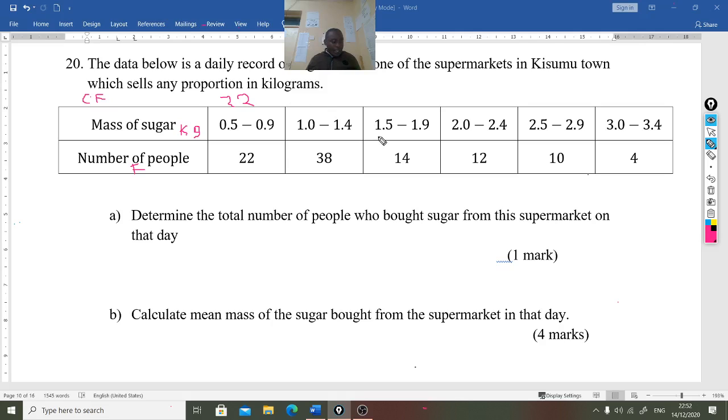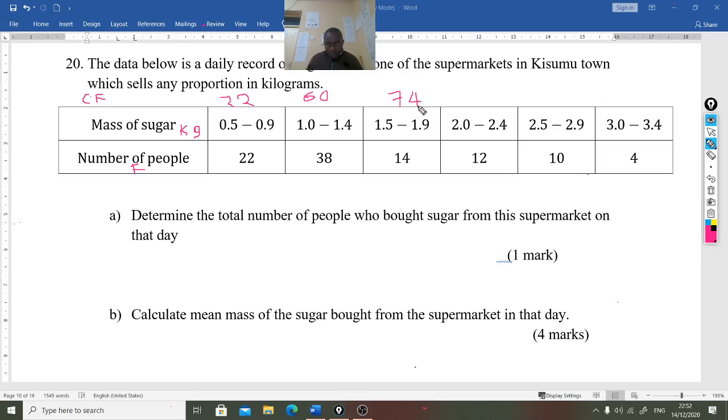Then 22 plus 38 gives you 60. In this class, cumulatively, we shall have 60 people. Now in this class, we add 14, and cumulatively we shall have 74 people at the supermarket at this point.